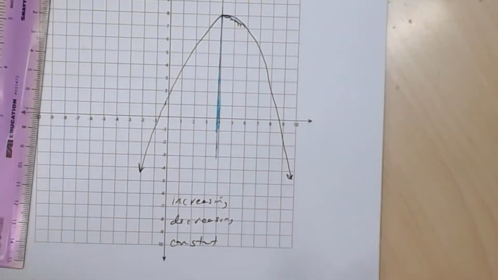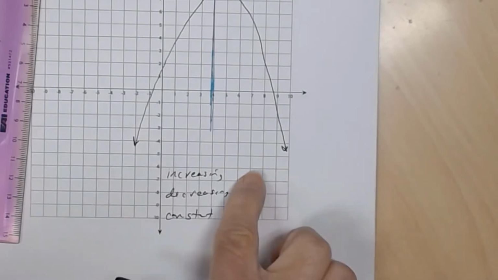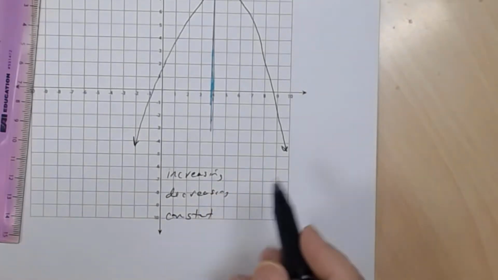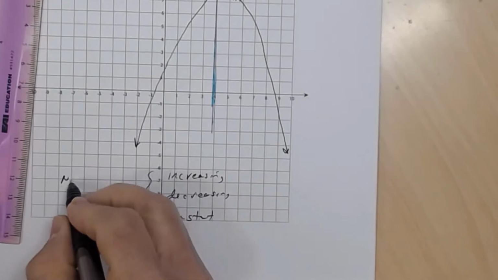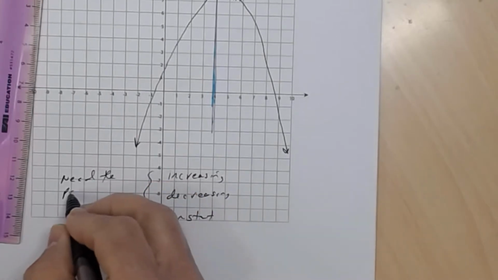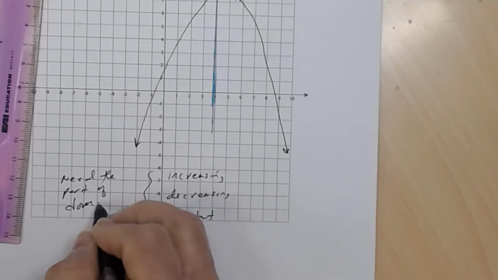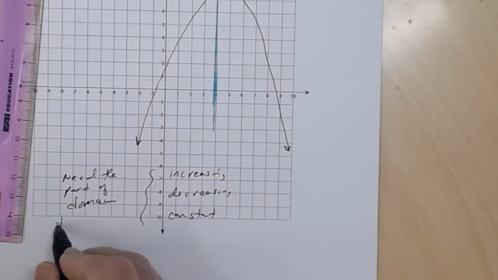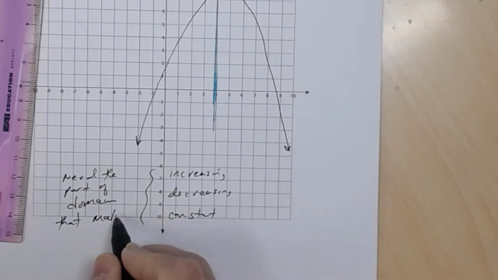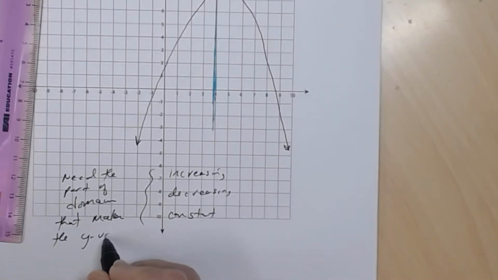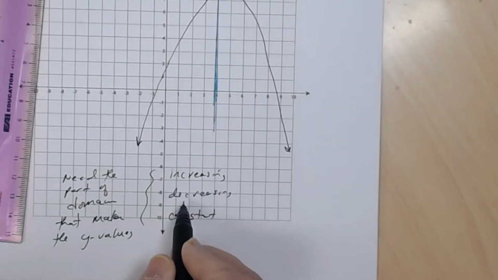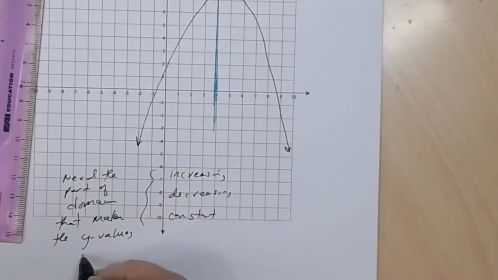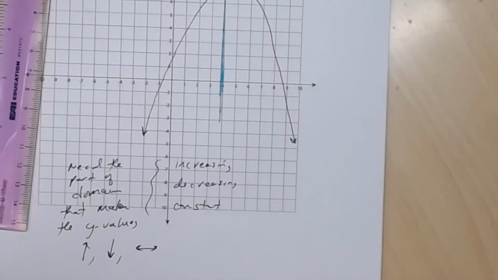What goes in the answer is the part of the domain, the part of the domain that makes the y values increase, decrease, or stay constant. So I'm going to write: increase, decrease, and then constant.